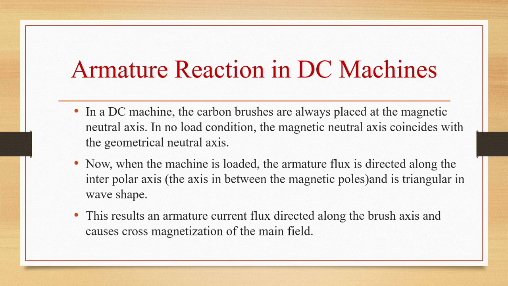Now when the machine is loaded, armature flux is directed along the interpolar axis. The axis in between magnetic poles is called the interpolar axis. The armature flux is triangular in wave shape. This results in armature current flux directed along the brush axis and causes cross magnetization of the main field.